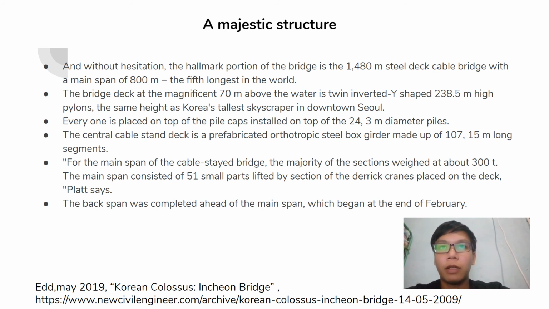For the main span of the cable-stayed bridge, the majority of sections weighed about 300 tons. The main span consisted of 51 segments lifted by a rig crane placed on the deck. And last, the back span was completed ahead of the main span, which began at the end of February.